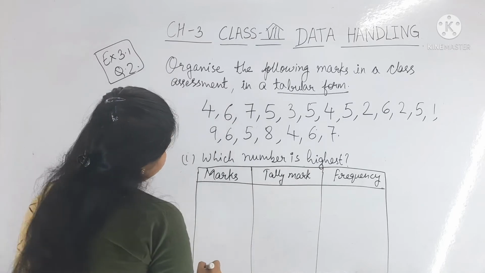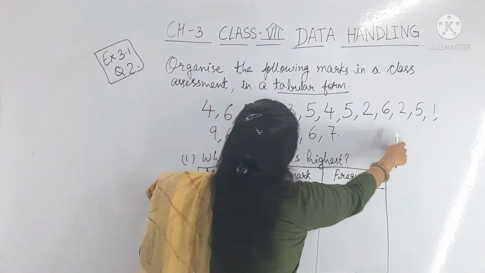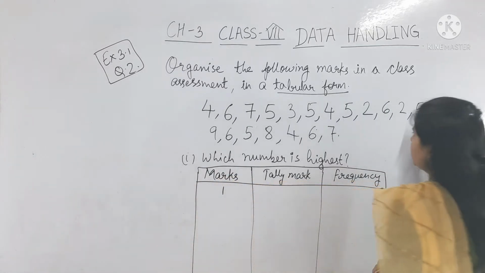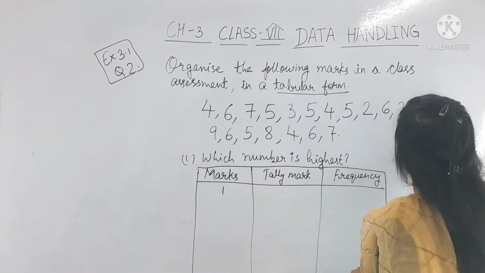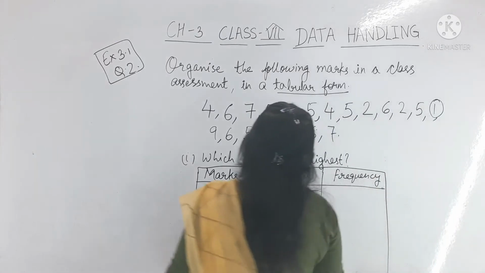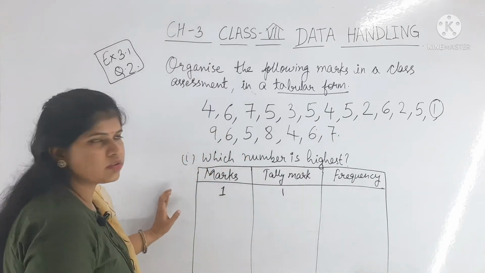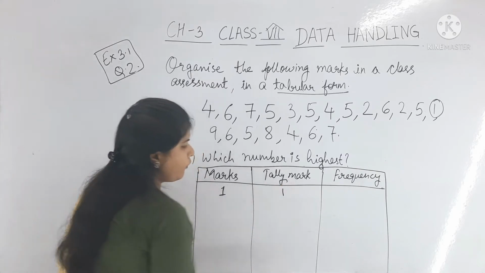Marks, you can see here, 1. Okay, here the lowest number is 1, you can see. So for 1, how many 1s are there? Only 1. So I am writing in ascending order so that you can easily solve the questions.